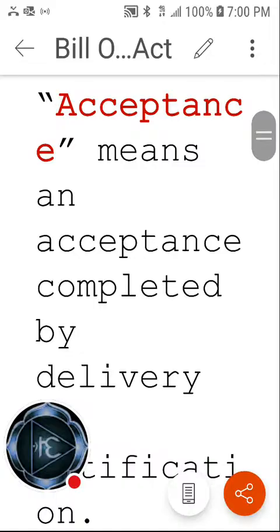And when people couple that with the words conditions of acceptance, some people are referring to their presentments as condition of acceptance affidavits or what have you.